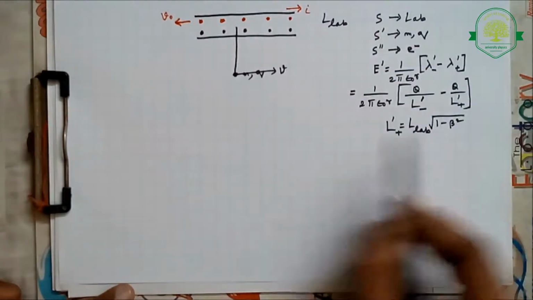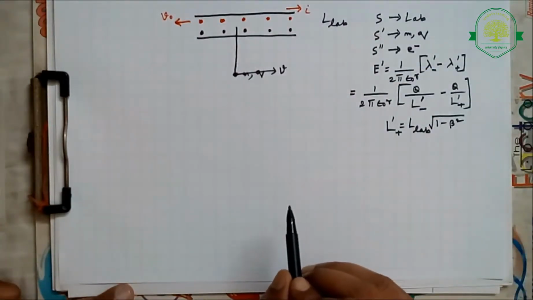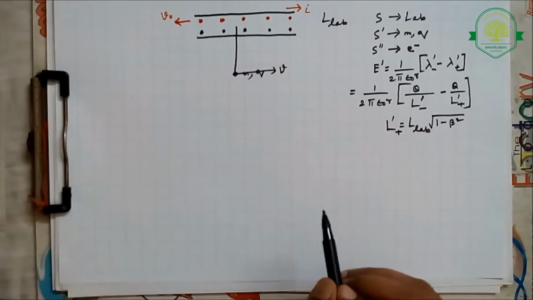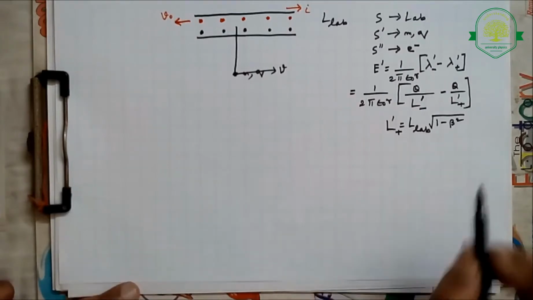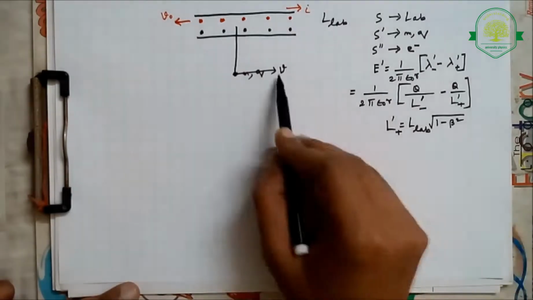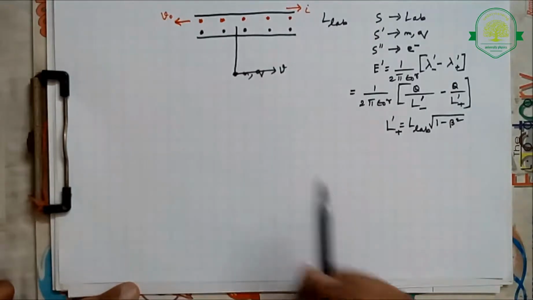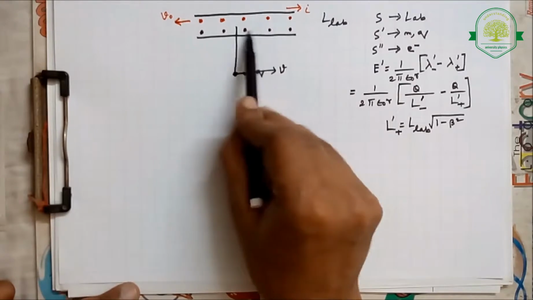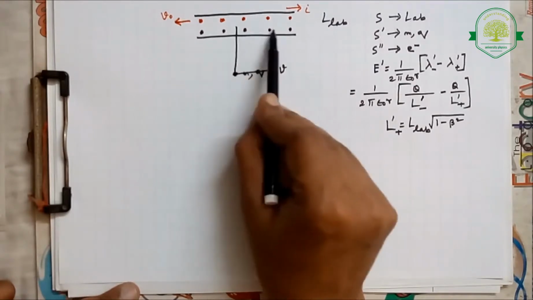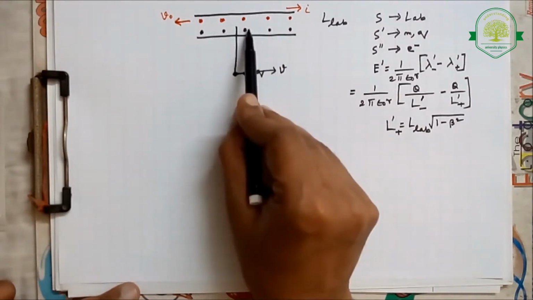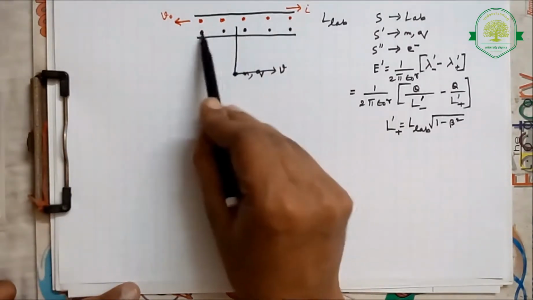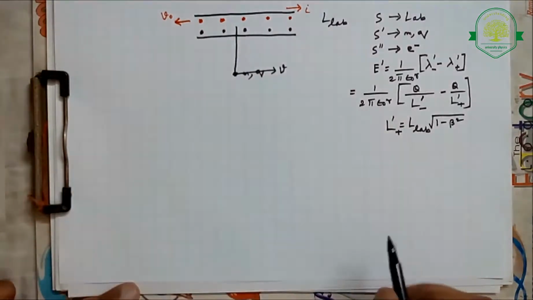I don't want to write this out because I need more space. The proof will be a little involved, so I'll need as much space as I can manage. So just remember that beta is v over c. L lab is the natural length between any two positive charges, because the lab frame is the rest frame of these positive charges.